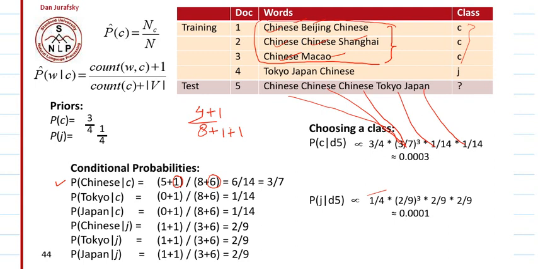All these probabilities are multiplied together and we get this final value for class C. So probability of C given D5 is equal to 0.0003 and probability of J given D5 is 0.0001. I see that this is the higher probability, so I will finally predict that the predicted class for this document D5 is class C.